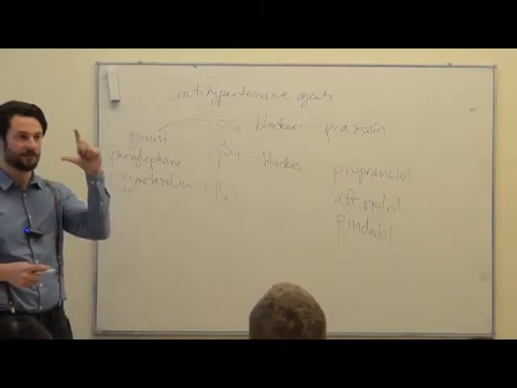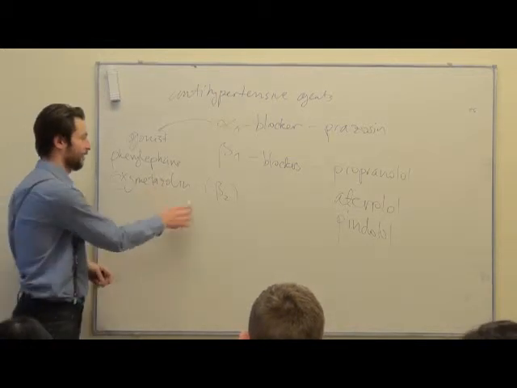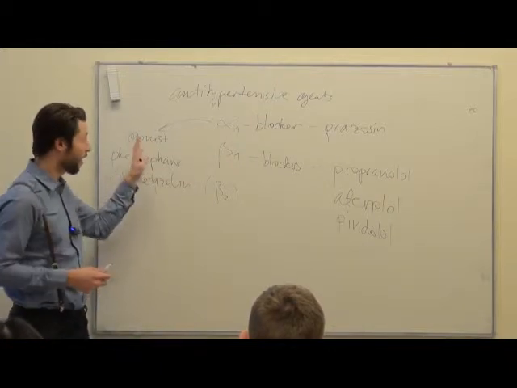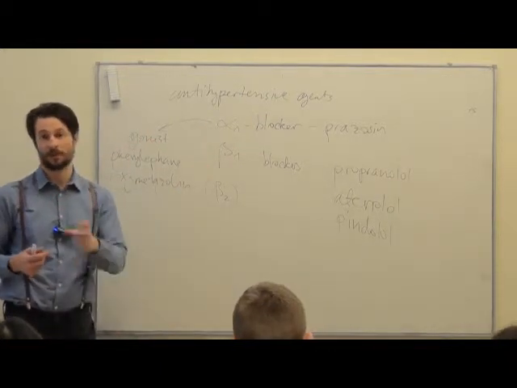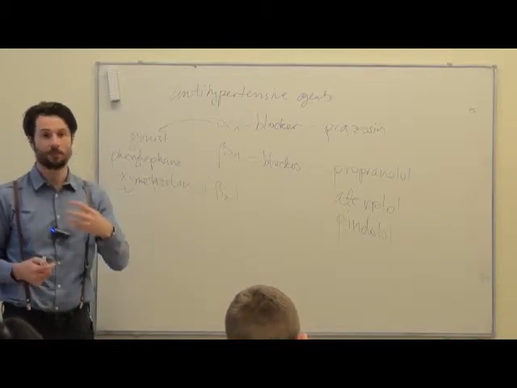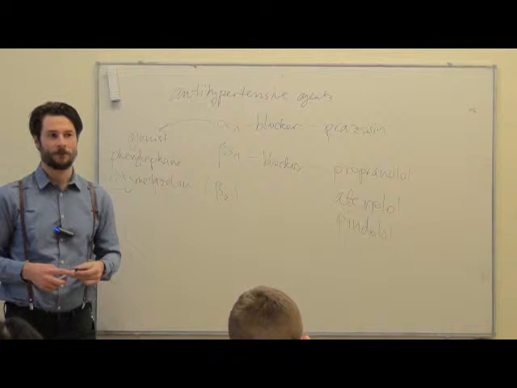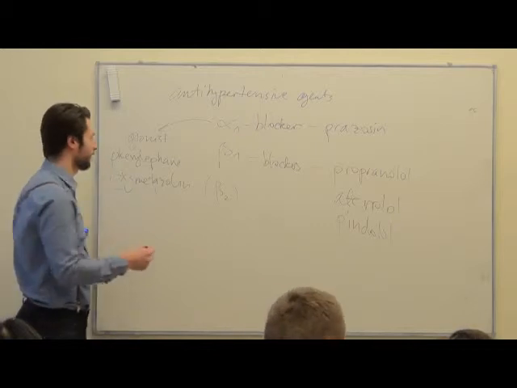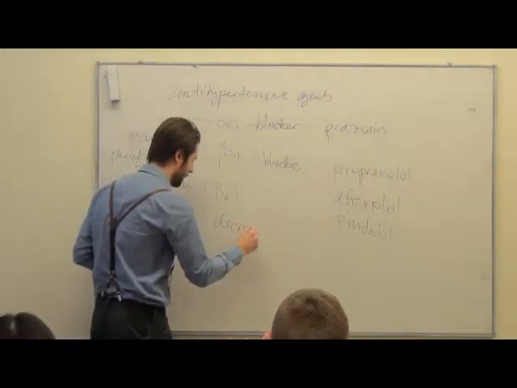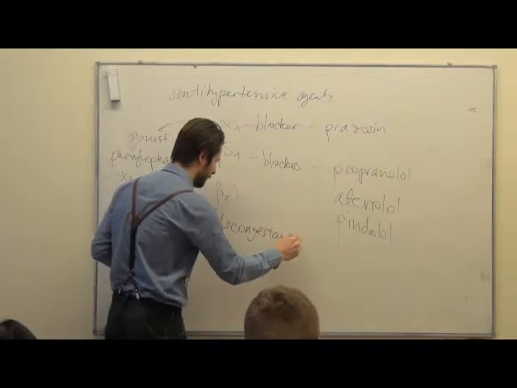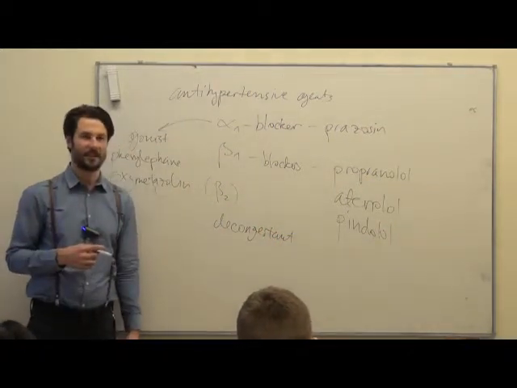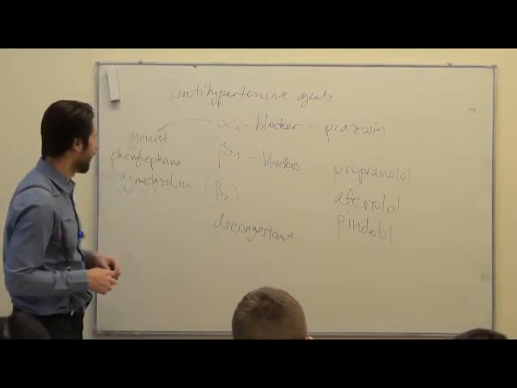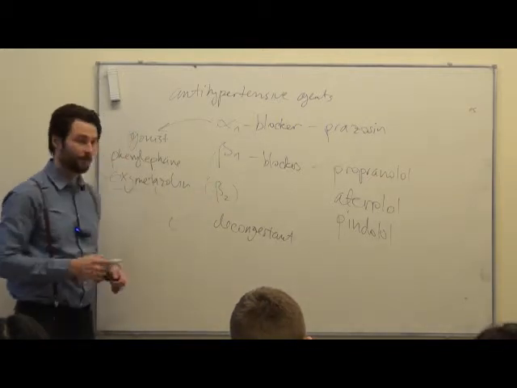If you look at your nasal spray, you'll find some of these azolines, like naphazoline, lots of different ones. But these all are alpha-1 agonists, and their role is to constrict blood vessels in your nose so that you can breathe through it again. Decongestant means that it decreases congestion in your nose.